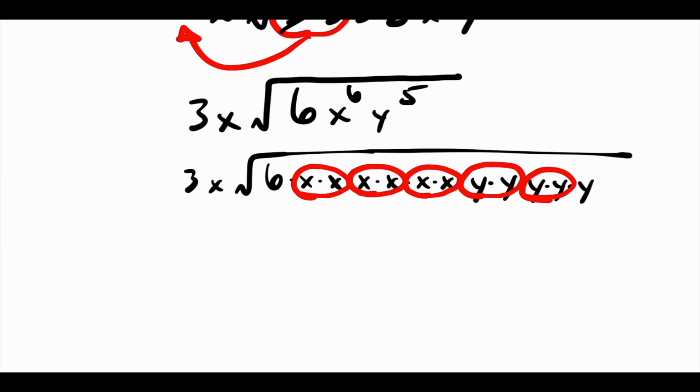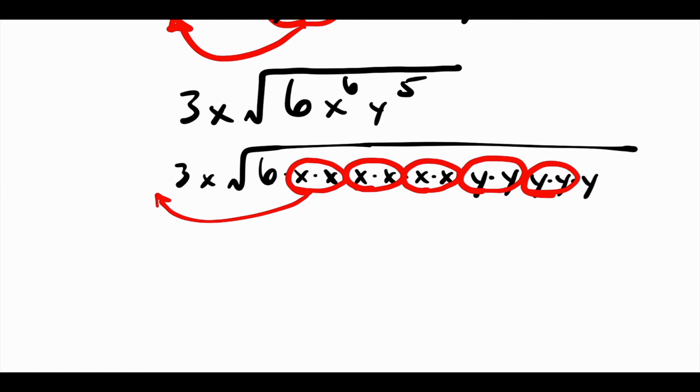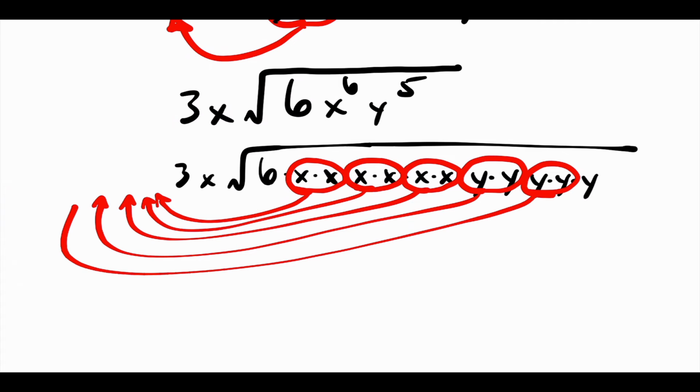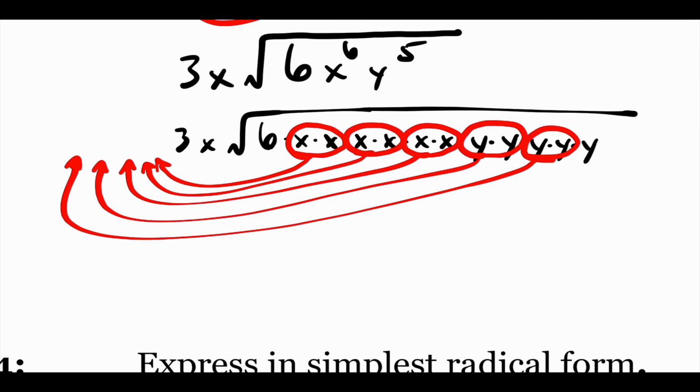So let's see what I can take out. I can take out an x, and another x, and another x, and a y, and another y. So let me take those out. So with the 3x, I have 3 x's that I took out, right?